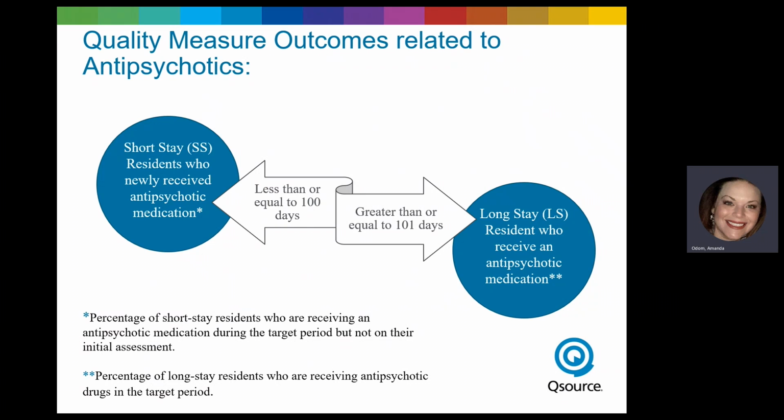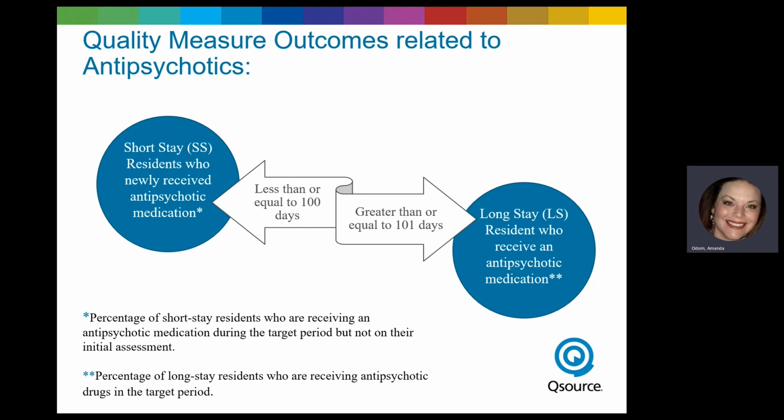Also, any resident that was admitted to the facility on an antipsychotic that was captured on the MDS that does not have an approved diagnosis or excluded diagnosis, or any resident that has been started on an antipsychotic medication without the excluded diagnosis or approved diagnosis.